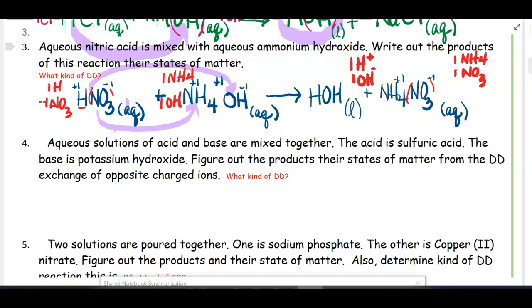All you have to do is count. Look up there. There's one hydrogen, one nitrate. Look on the other side. Is there one hydrogen and one nitrate? Yeah. See, it's right here. Okay. Then this has one ammonium and one hydroxide. Or is there one hydroxide and one ammonium on the other side?